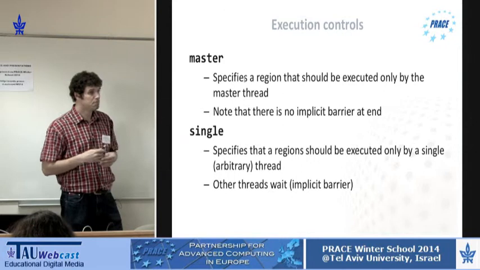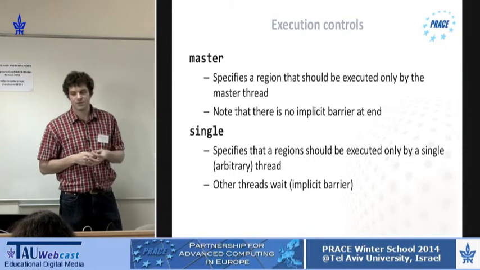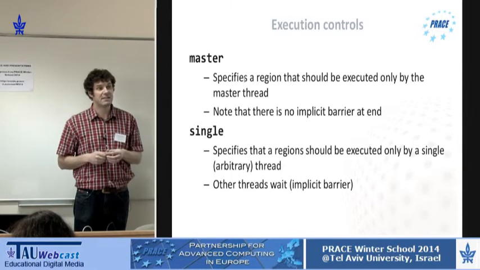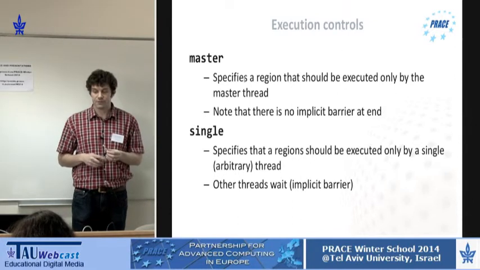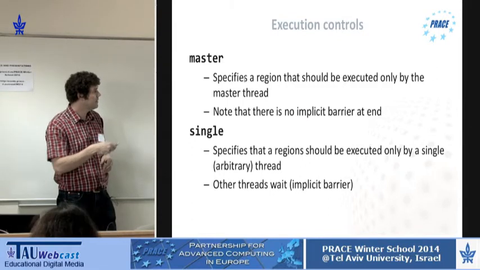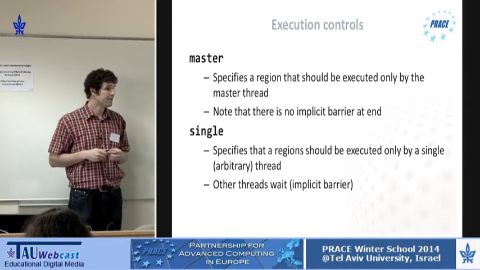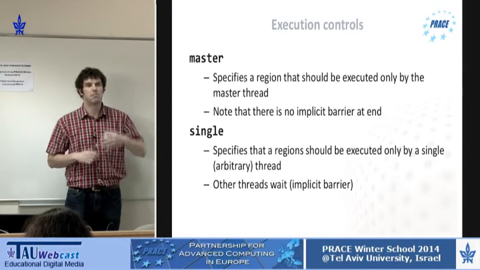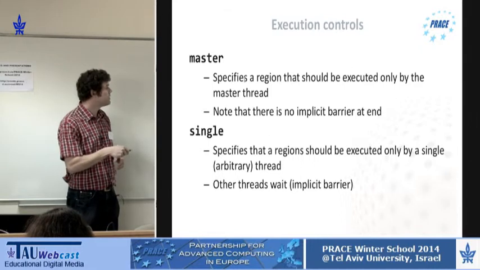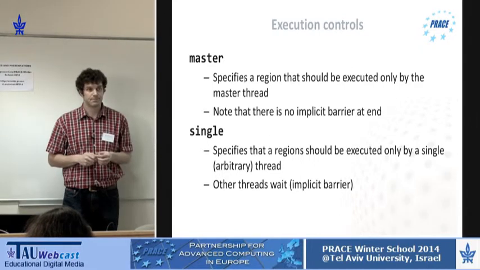It's also possible that it doesn't need to be master. It's enough that it's any thread, it's just that only a single thread has to execute a region. That can be done by the single statement, and in principle that means that the one thread that first reaches this point of code will continue the execution, while the others will wait at the end of this single region.